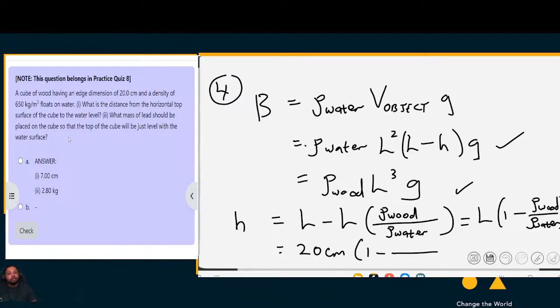That of wood is 650 kilograms per cubic meter, and that of water, as we've established now, is 1,000 kilograms per cubic meter. Therefore, the answer then is 7 centimeters. So 7 centimeters of this block is from the top to the surface of the water. So 13 centimeters is underneath the water.